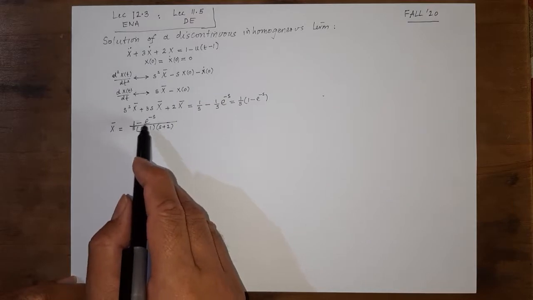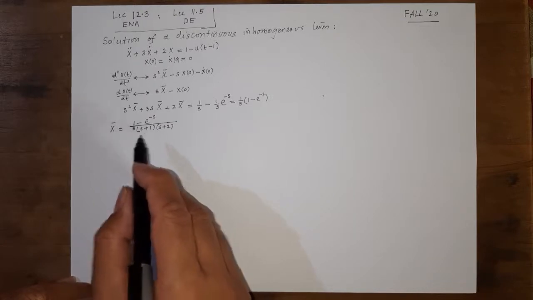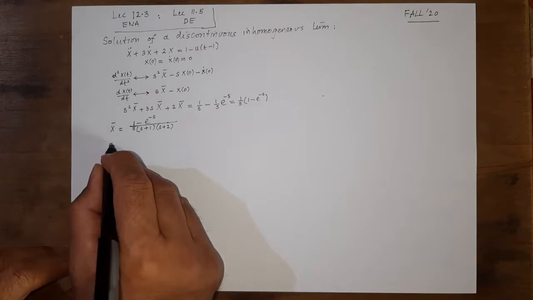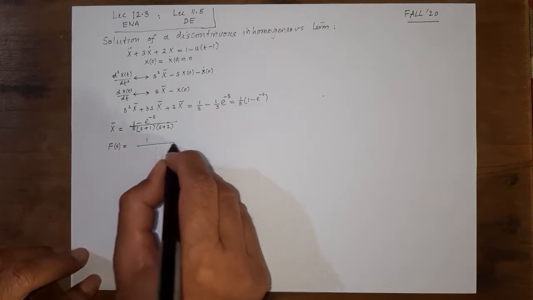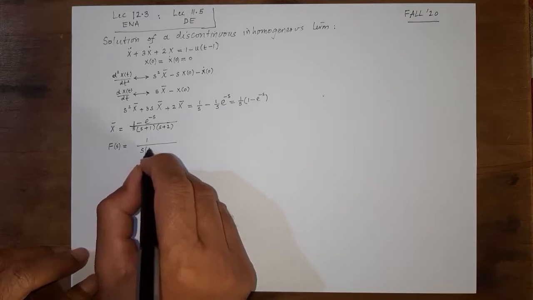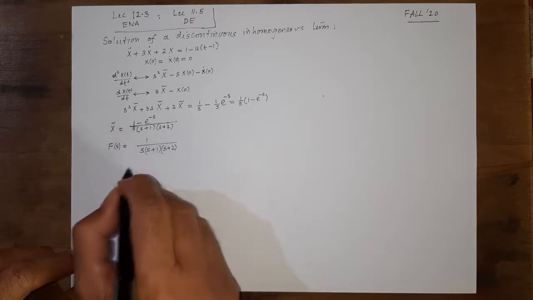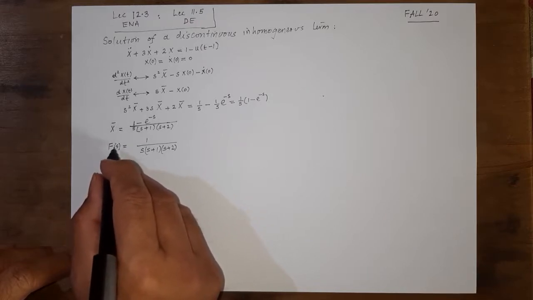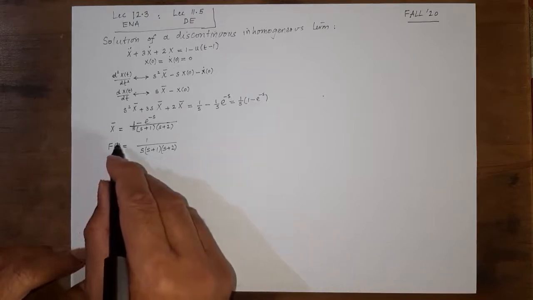So perhaps we can also employ that. So you see, we can take this 1 over s(s plus 1)(s plus 2) as the Laplace transform of some function f of t.